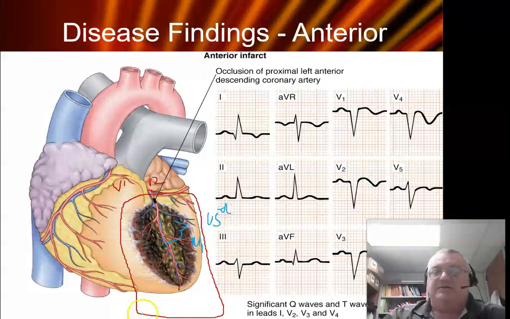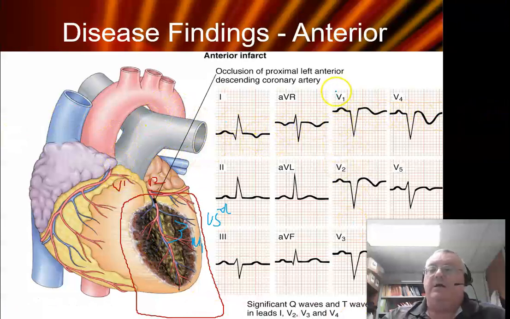Okay. So what would I see as far as damage? Now, would I see any damage on the bipolar or unipolar leads? No, not really. I might again see a little bit of T-wave inversion on lead 1, a subtle finding. But the big one is here, am I seeing ST elevations and depressions in these leads right here?